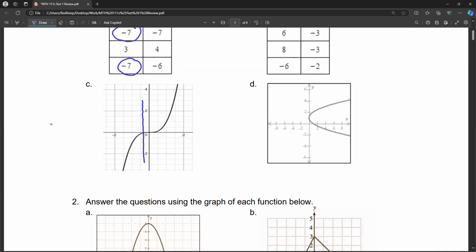So I could draw this vertical line anywhere in the graph for part C, and we'll observe it only intersects once. So thus, this passes the vertical line test. So the relation in part C is a function.